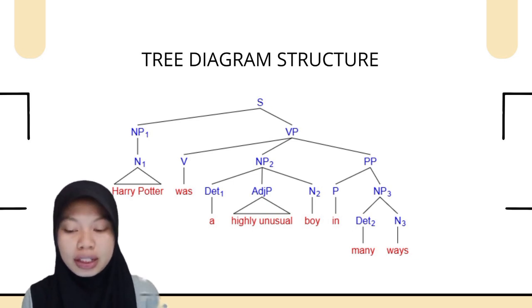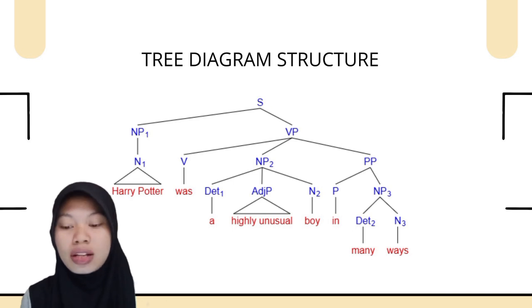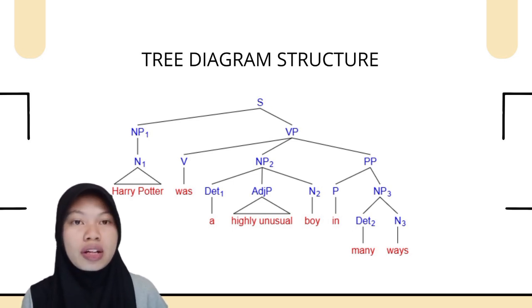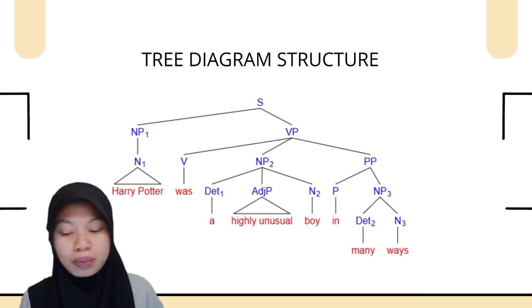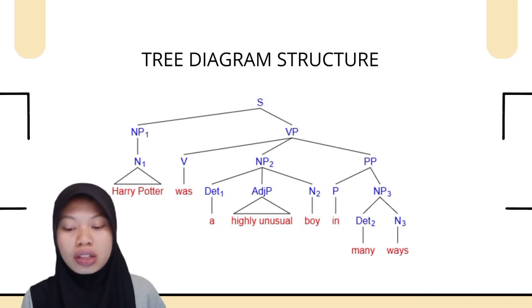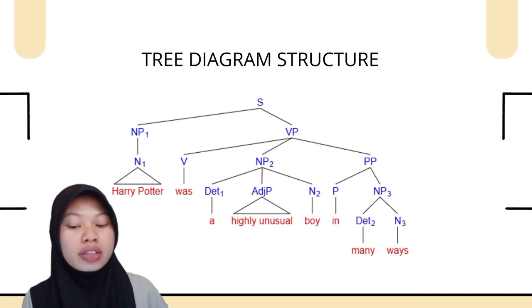So, the overall meaning, the sentence has the structure subject NP1 or Harry Potter plus VP or verb phrase, including was plus noun phrase 2 and plus the prepositional phrase. So this shows a hierarchical structure where smaller units combine into larger phrases, and those form the complete sentence.